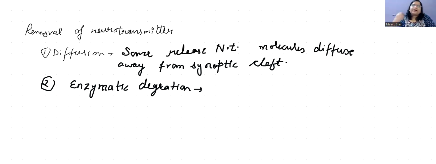Like in the case of acetylcholine: what happens to the acetylcholine in the synaptic cleft? The acetylcholine will degrade into acetate and choline by the enzyme acetylcholinesterase.